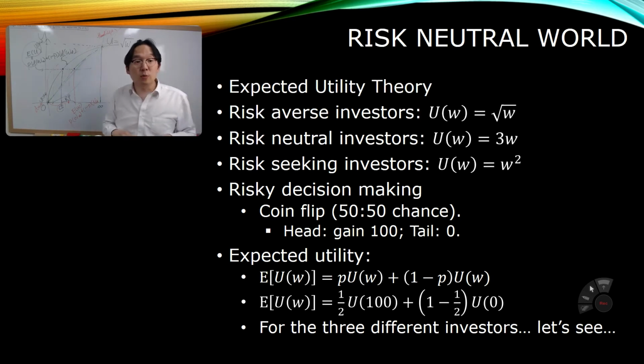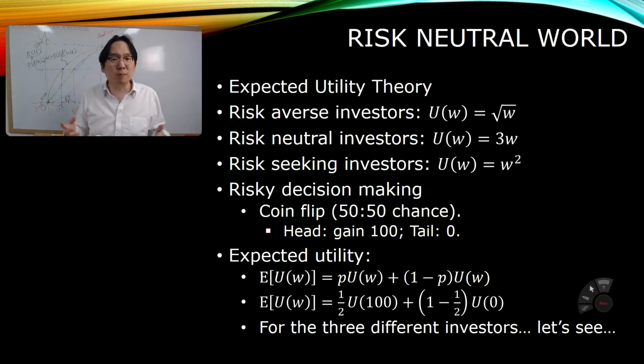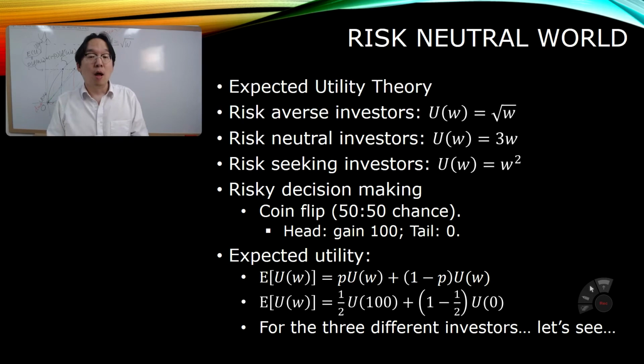The second one is the risk-neutral investor's utility function, which is just a linear function, straight line, 3 times W. Why shouldn't it be 1 times W? Didn't you say exactly as much as? But what I'm saying is proportionately, in a linear fashion. Okay?